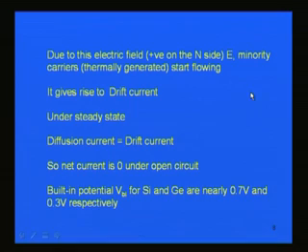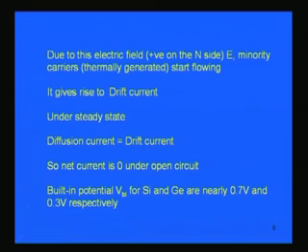This electric field will now be acting upon the minority carriers. So drift current will be produced, and under steady state diffusion current is equal to drift current. So net current will be 0 under open circuit.